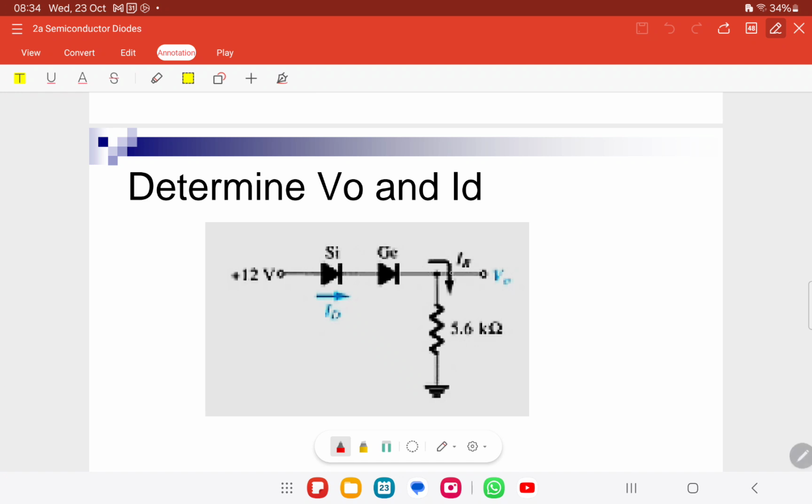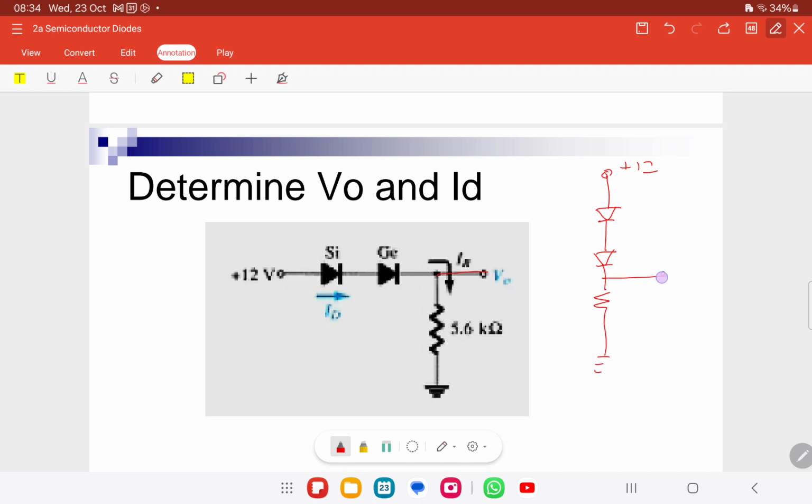As you can see, V out is here. If we draw like before, plus 12, one diode, another diode, goes to 5.6 and ground.